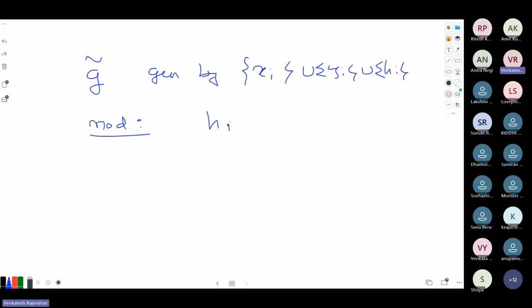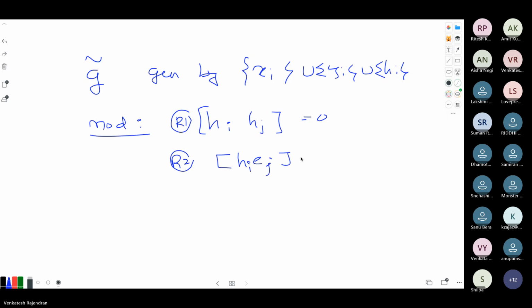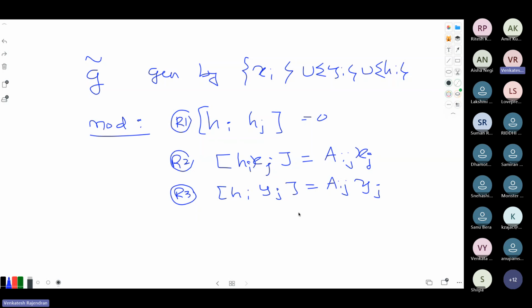The first four relations you take: R1, then R2, R3, and then R4.